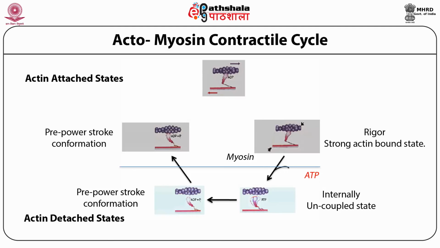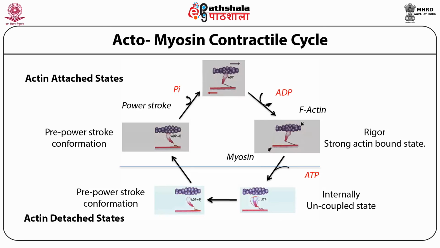Now it slowly binds to actin, which causes the phosphate release and the power stroke. The association of actin with the myosin in the pre-power stroke conformation accelerates the power stroke, the hydrolysis of ATP and the release of phosphate. Now this causes the movement or the sliding of myosin and the actin filaments.